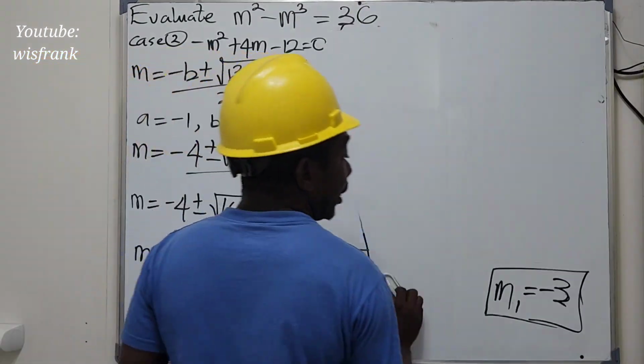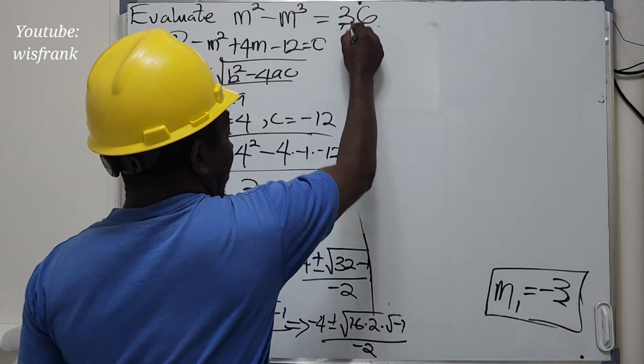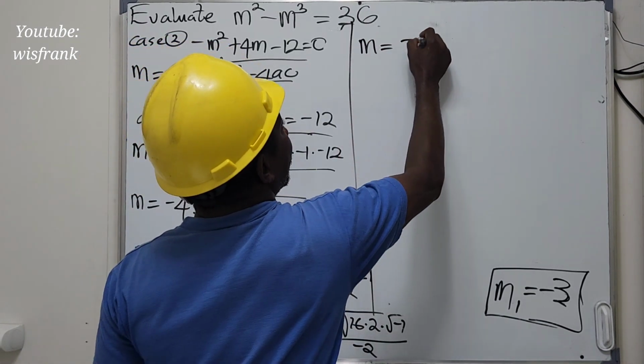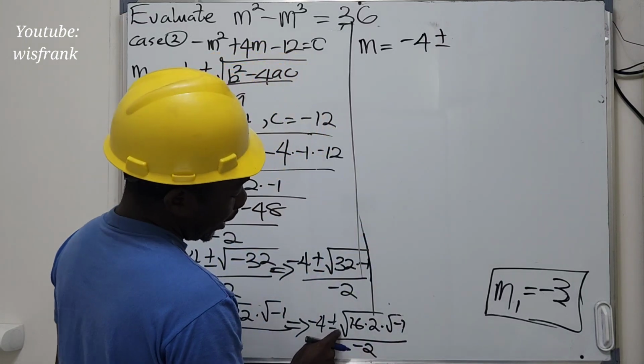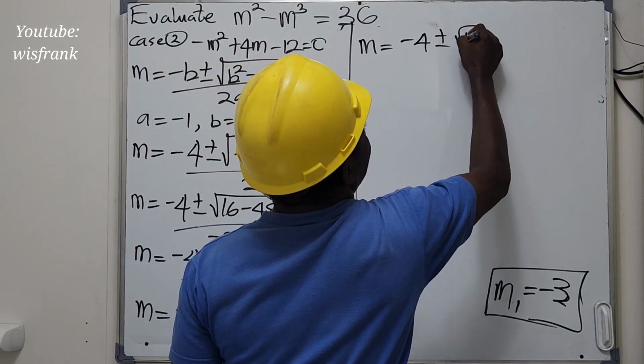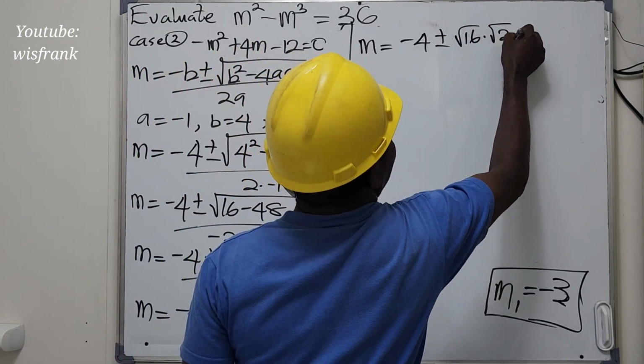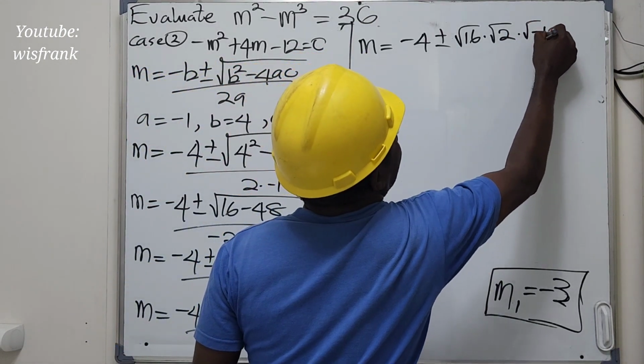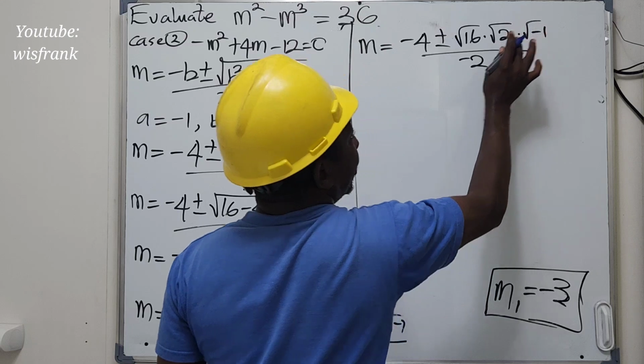So we can move over to this other side. We have a value of m equals minus 4 plus or minus the square root of 16 times the square root of 2 times the square root of minus 1, all over minus 2. So this is what we have.